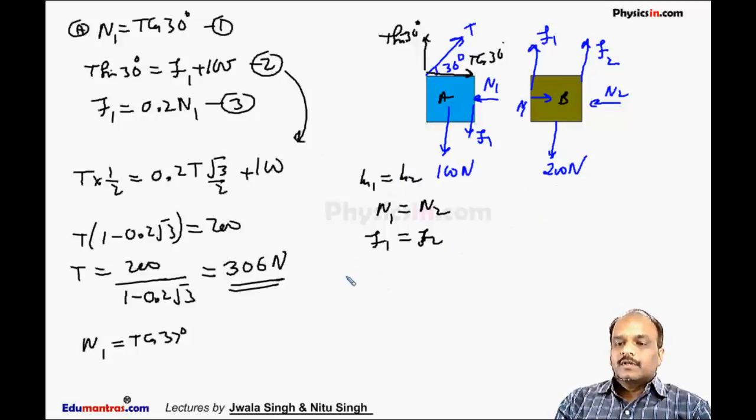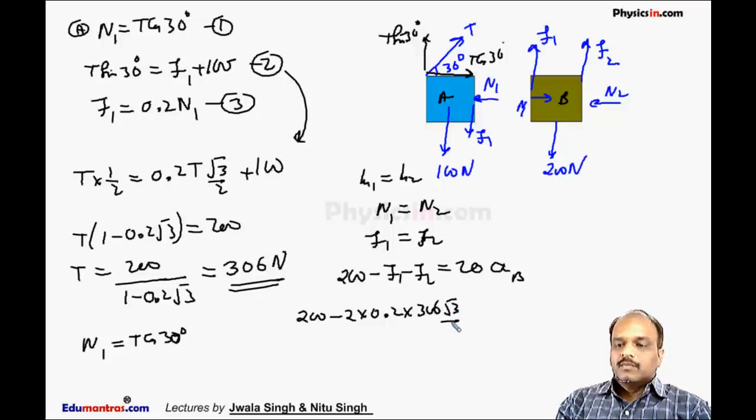Now we write the total vertical force: 200 minus F1 minus F2 is equal to 20 into acceleration of B. So 200 minus 2 times 0.2 times N1, where N1 is T cos 30, so it is 306 root 3 by 2, is equal to 20 into acceleration of B. This 2 will cancel out.